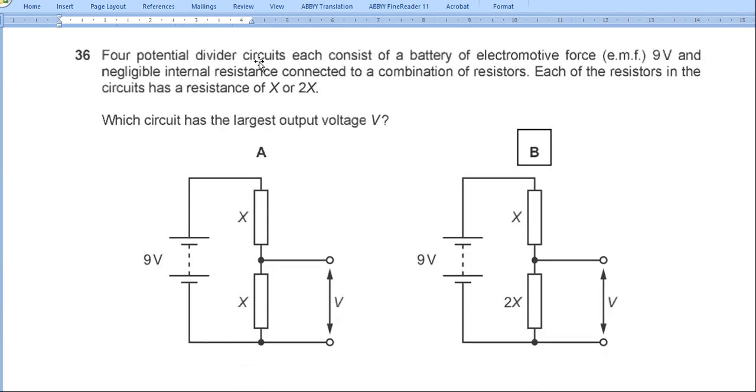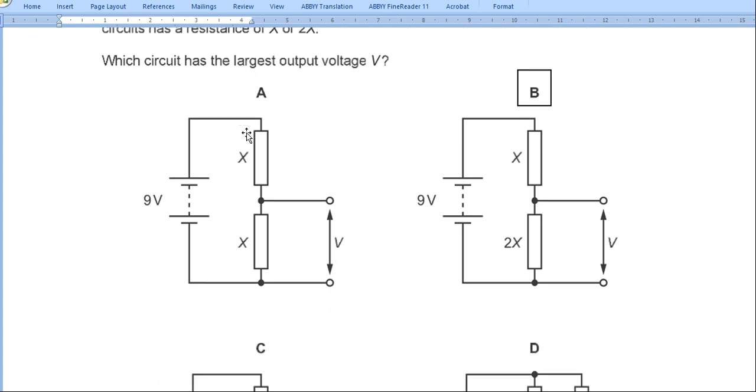Four potential divider circuits each consist of a battery of electromotive force 9 volts and negligible internal resistance connected to a combination of resistors. Each resistor in the circuit has a resistance of X or 2X. Which circuit has the largest output voltage?